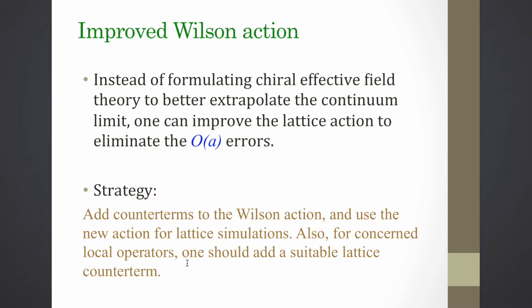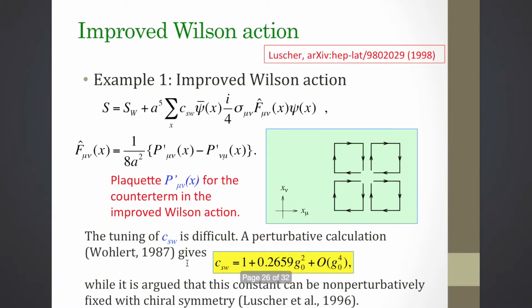To better understand the improved Wilson action, I can show you two examples. The first example is just the improved Wilson action at order a. So this counterterm is very similar to the order a effective Lagrangian in the Symanzik action. The only difference is that the gluon field F mu nu is replaced by its lattice version.